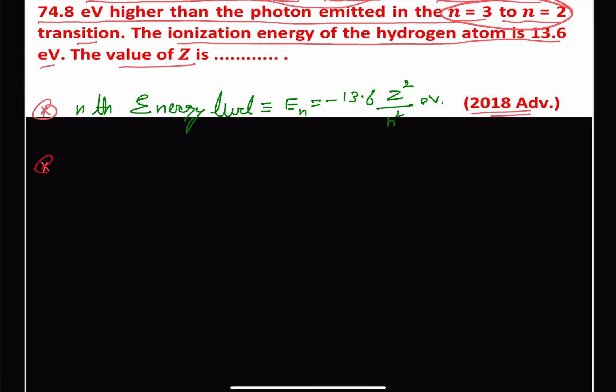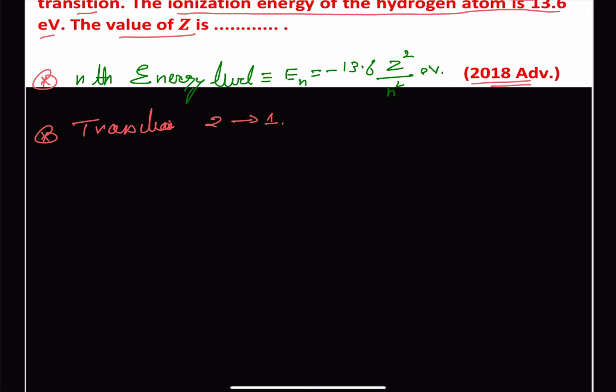Therefore, for the transition from 2 to 1, let us call this energy E21. It will be equal to the energy at level 2 minus the energy at level 1, which is minus 13.6 Z square divided by 4, minus minus 13.6 Z square divided by 1.